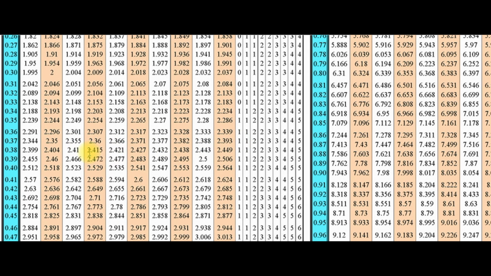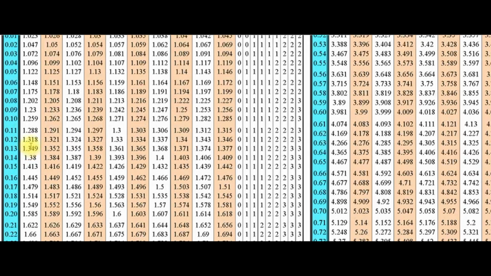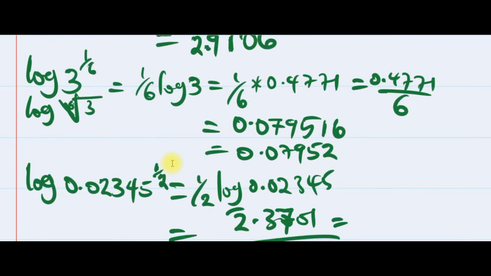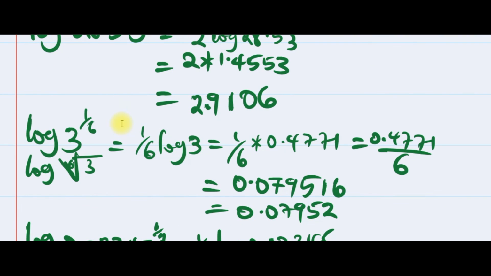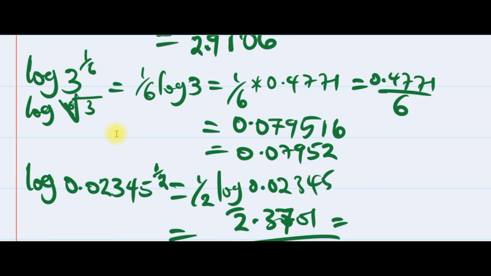So if you add it, you get 2345. But there is a problem here. It's not a problem. Do you see 2345? Since we have bar 2 here, there must be 2 zeros. So that's how you read off the antilog of a number. The antilog is just going back to the original number.